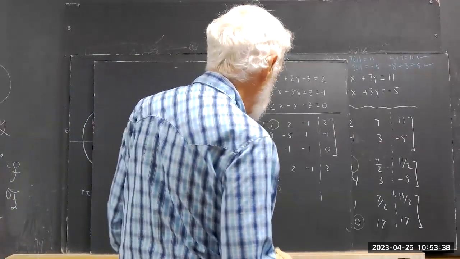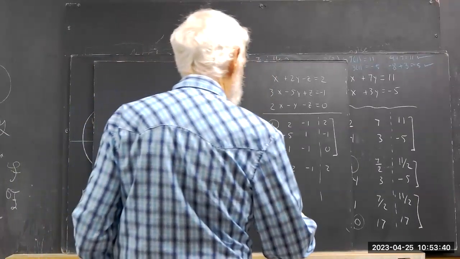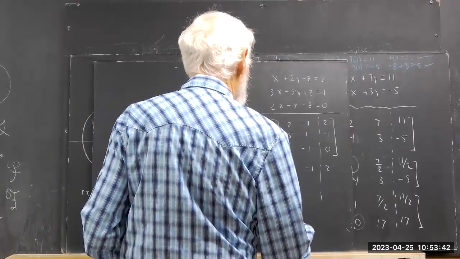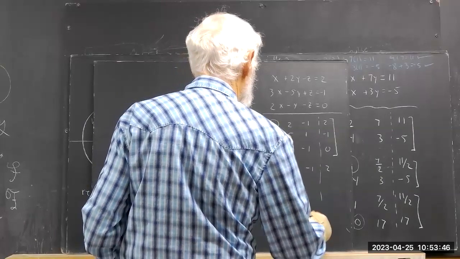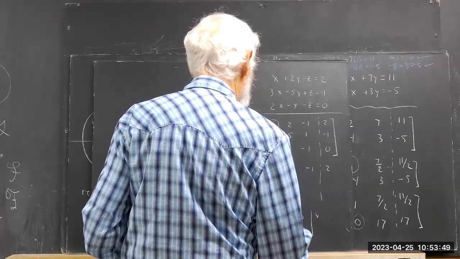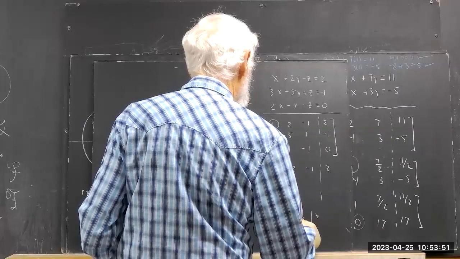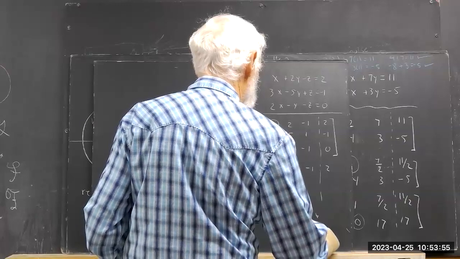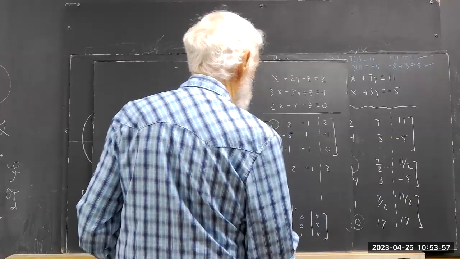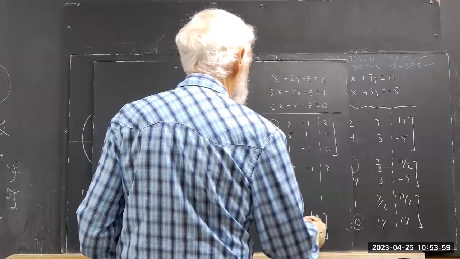I could tell you what's going to happen next, but ideally, what we get is 1, 0, 0, and some number here. 0, 1, 0, and some number here. 0, 0, 1, and some number over here. So X is this, Y is this, Z is this.